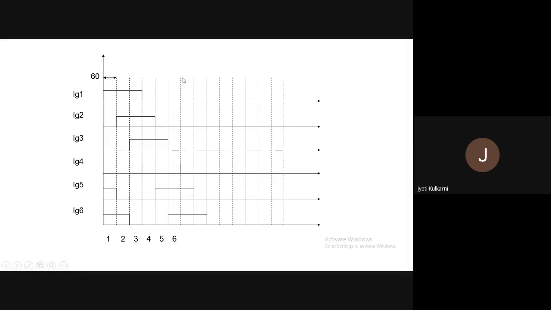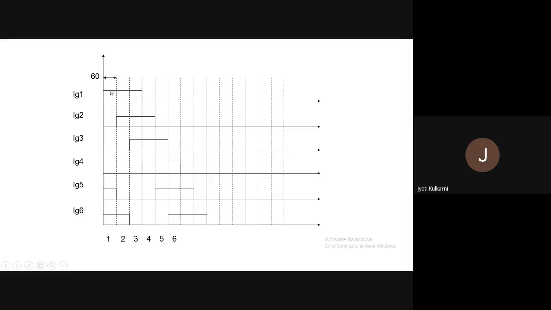Now I have six devices. See, in a proper sequence, I am going to conduct all the devices. First, I give the gate pulse to the first SCR, IG1, for how much duration? For 180-degree duration, because the scheme is 180-degree conduction mode.